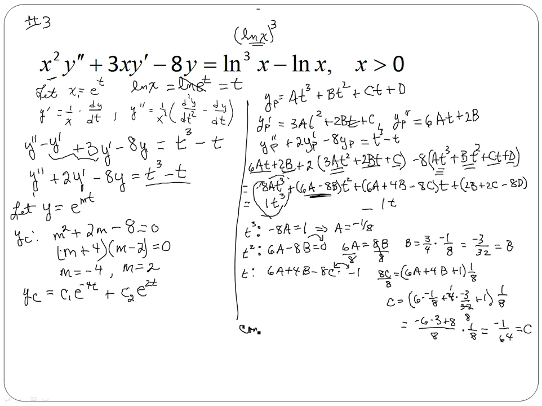And then for my constant, I get 2b plus 2c minus 8d is equal to 0.